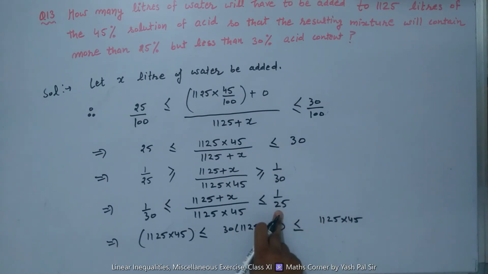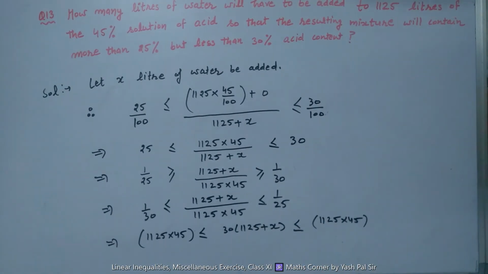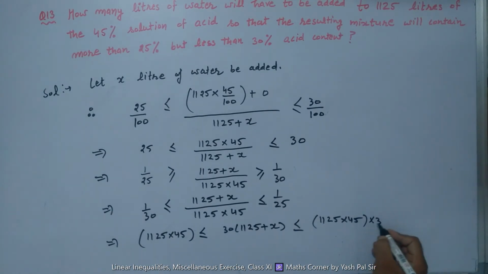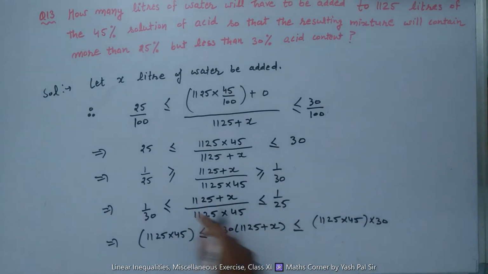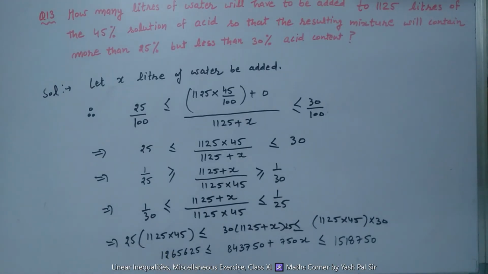Moreover, this 25 will be multiplied here. So solving this inequality now, multiplying this, we have this result.